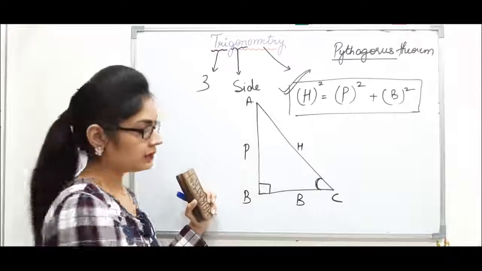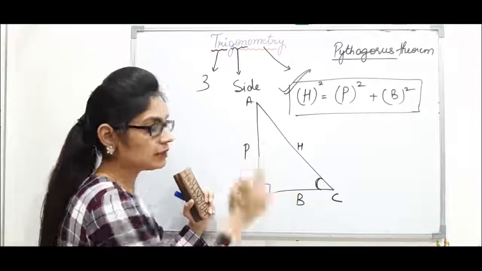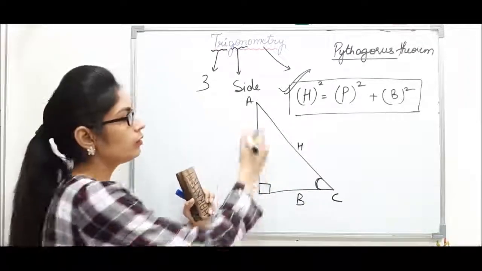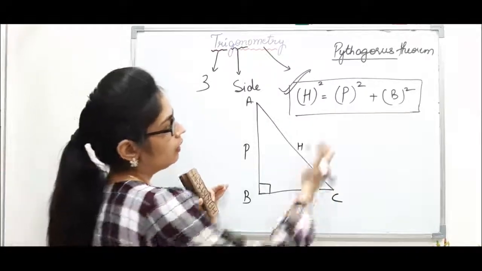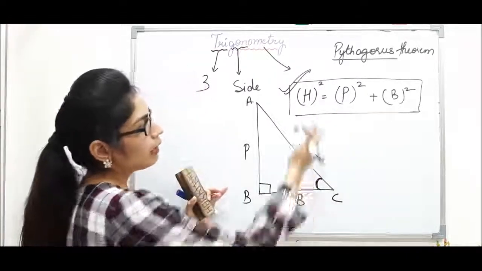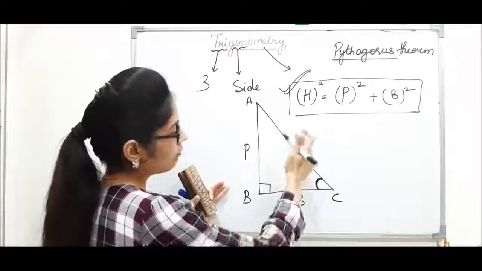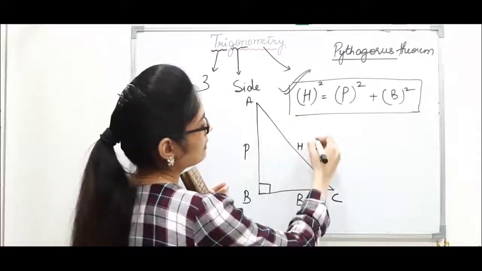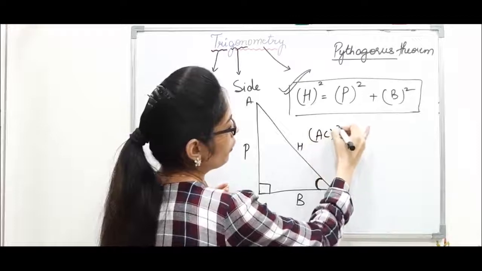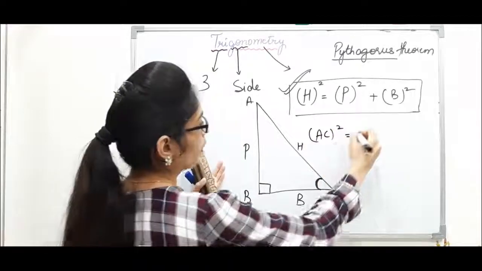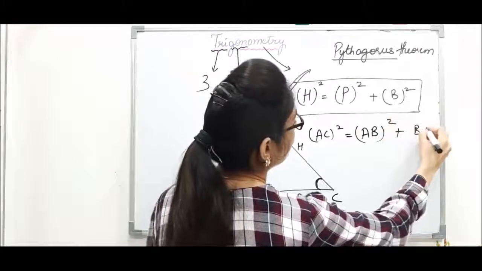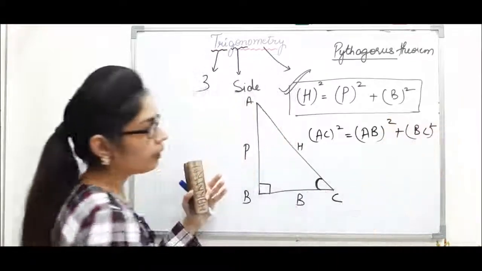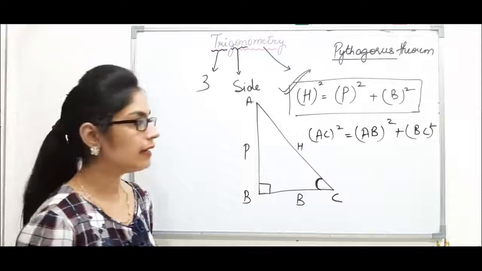Only perpendicular and base get interchanged with respect to the angle. Now I will substitute the values in Pythagoras theorem. If hypotenuse is AC, then AC square is equal to P square, which is AB square, plus BC square. In this way you can find the value of the required side.